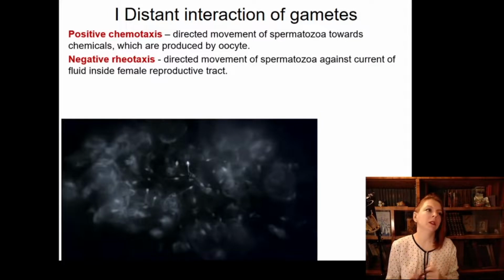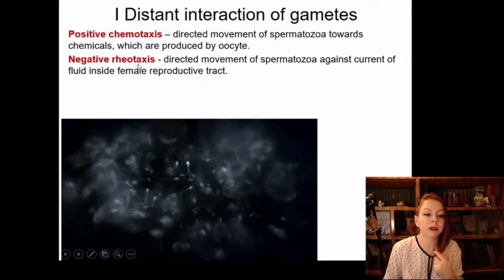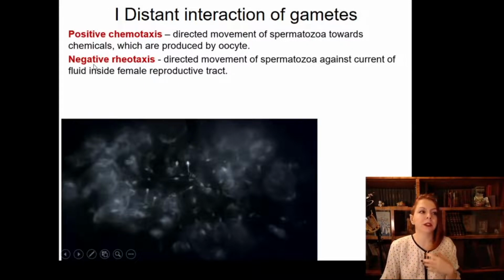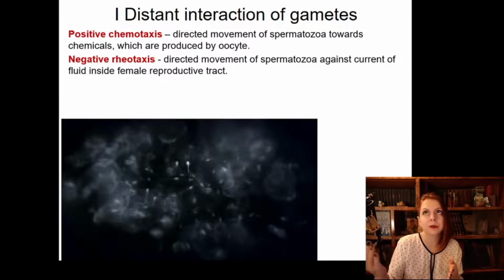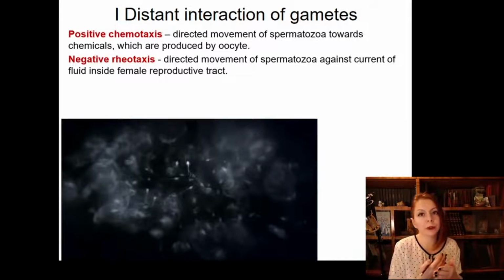Then the next phenomenon is negative rheotaxis. Rheos means the current of the fluid, and negative means that when spermatozoa detect the movement of the fluid, they swim against this current. So they have a mechanism activating them in case they move against the current.